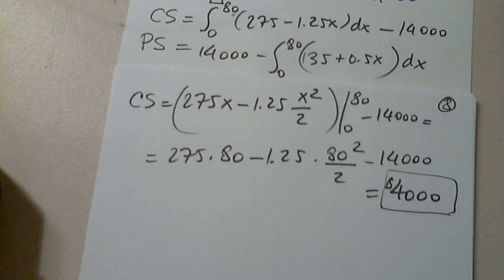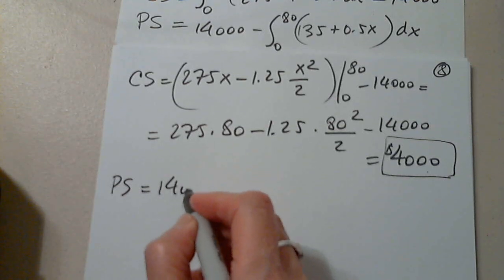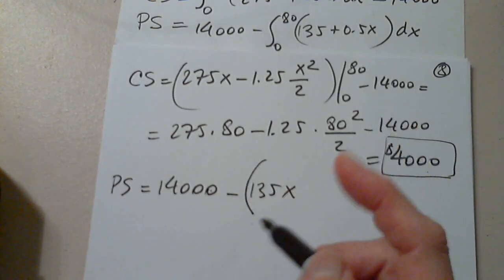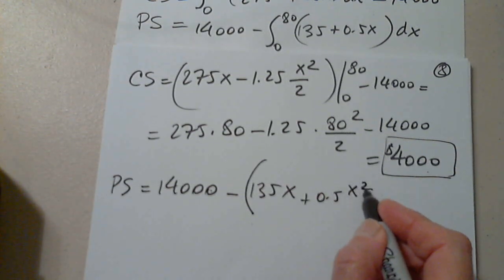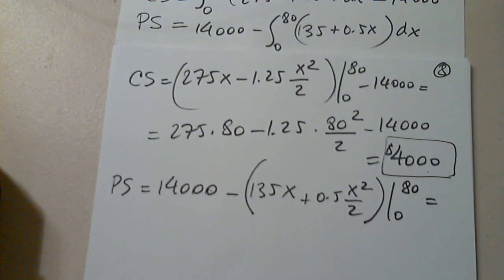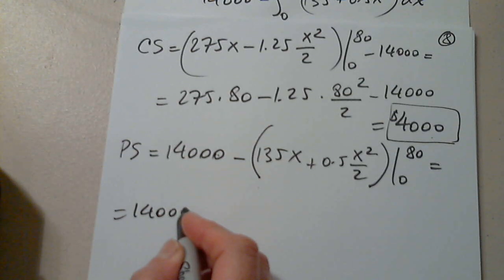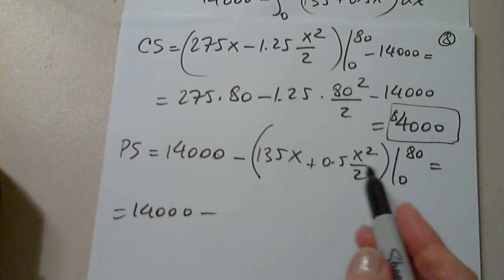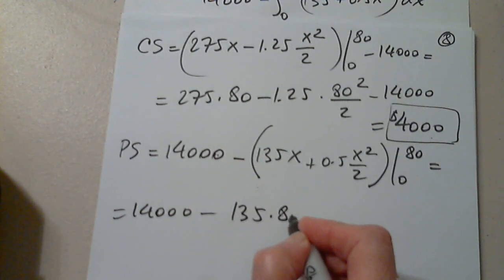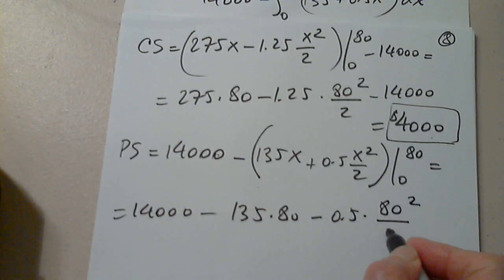Moving on to the producer surplus. So producer surplus: 14,000 minus the integral of 135 plus 0.5x, don't forget parentheses, from 0 to 80. So this is 14,000 minus 135 times 80 minus 0.5 times 80 squared over 2.